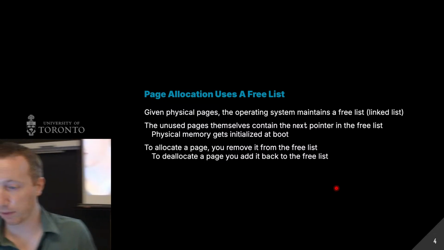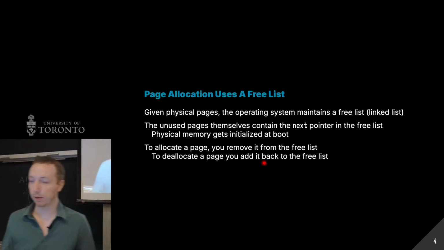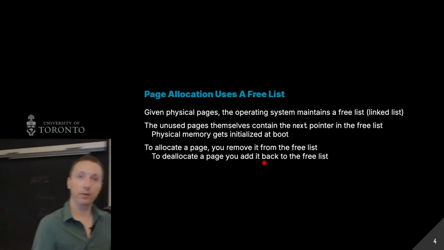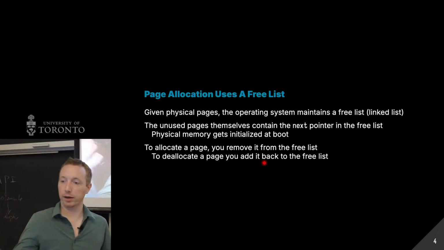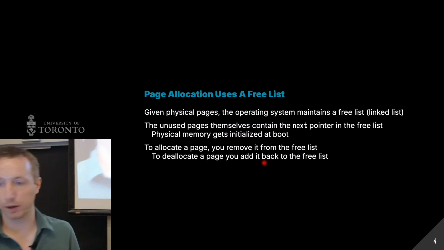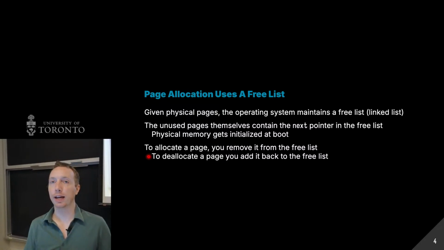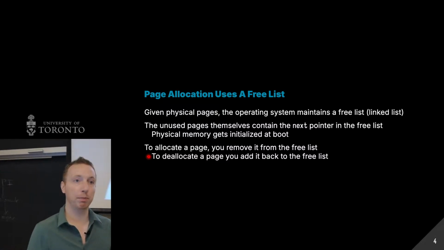They call it a free list. And the unused pages themselves, since they're not being used for memory for your program, the page can have a next pointer to the next free page, and that would all be initialized whenever your computer boots up. And then after that, to allocate or deallocate memory, you do it a page at a time.